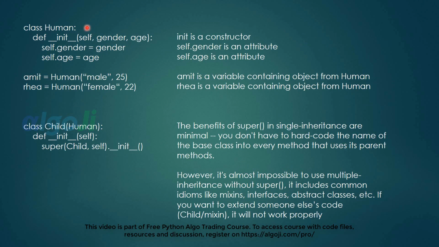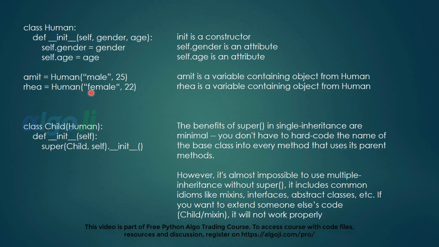Consider another example. Say we define a human class with two parameters, gender and age. Init is the constructor, self.gender is an attribute, self.age is also an attribute. To create objects, we use these two lines of code. Amit equal to human of male and 25.